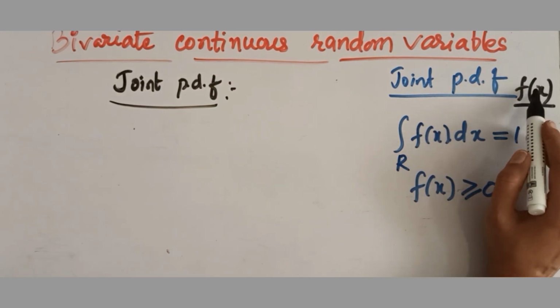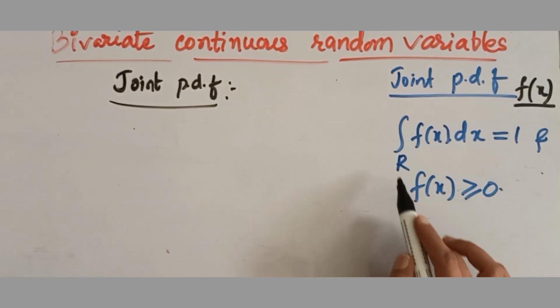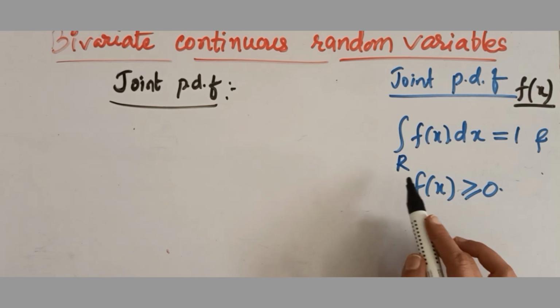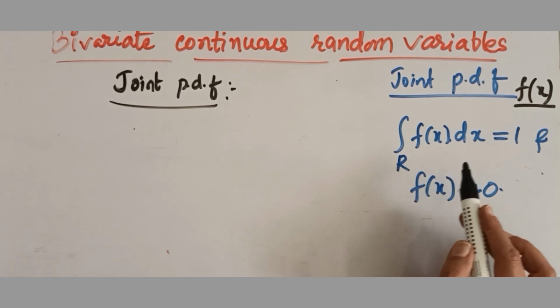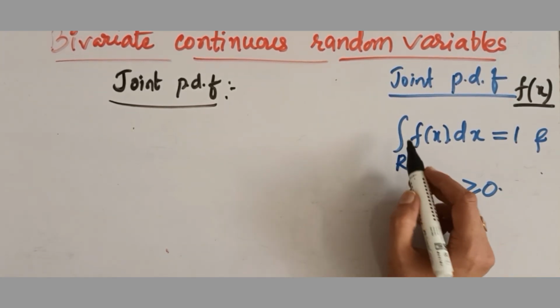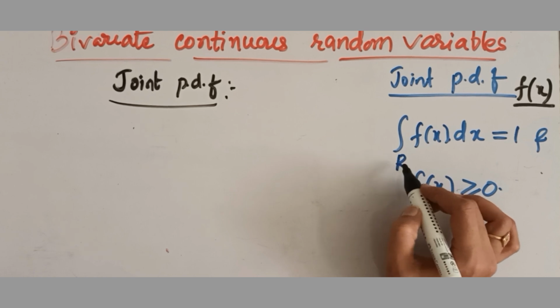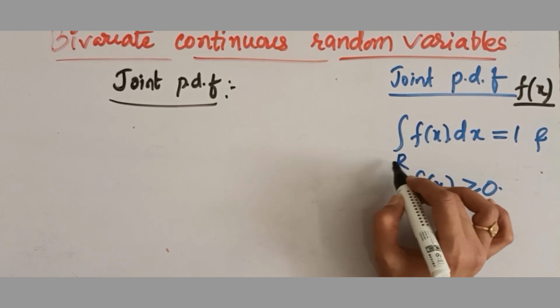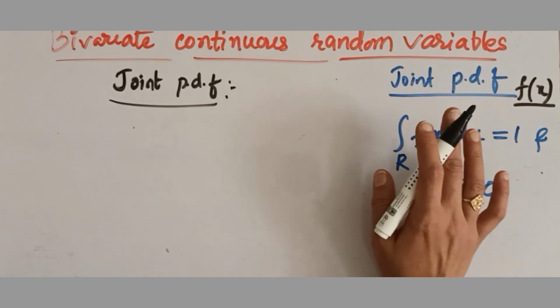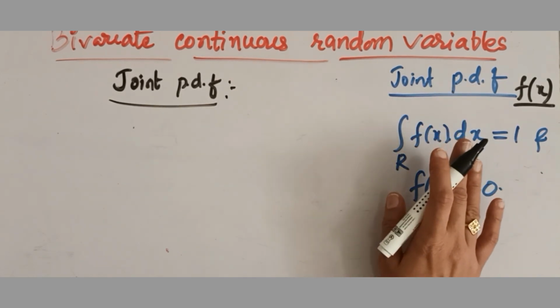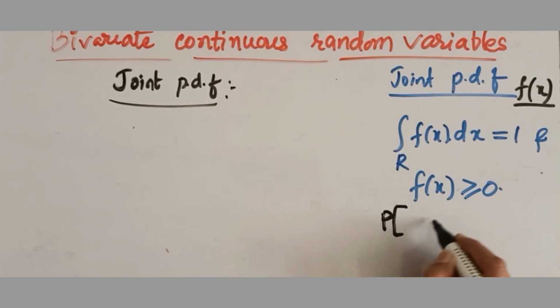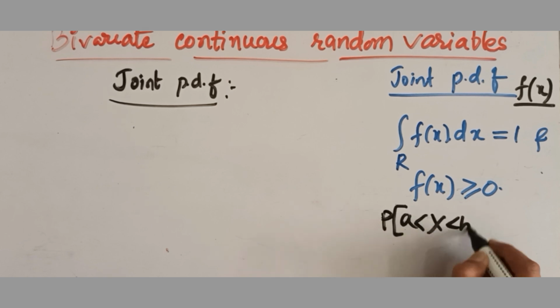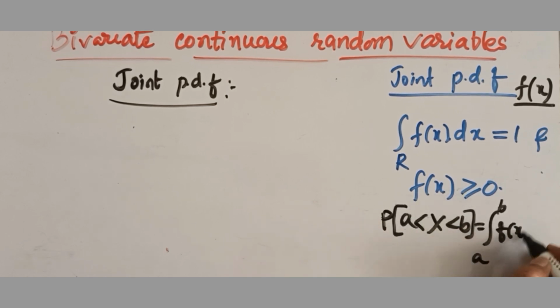Any function satisfying these two conditions can be called a probability density function. Here the integral is over the given interval or region R. If it is the entire real line, then you will get minus infinity to infinity. If you want to find the probability P(a < x < b), then you write the integral from a to b of f(x) dx.